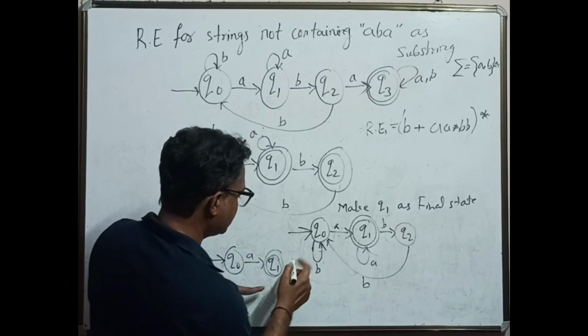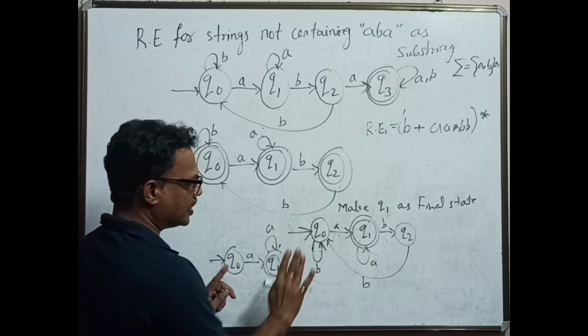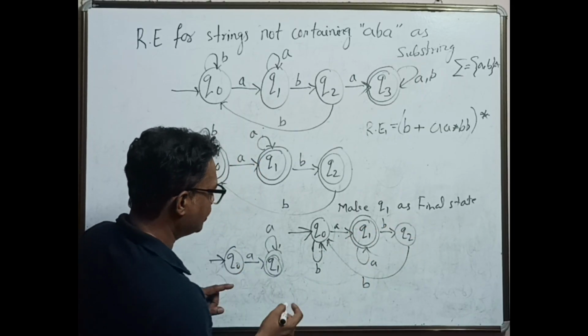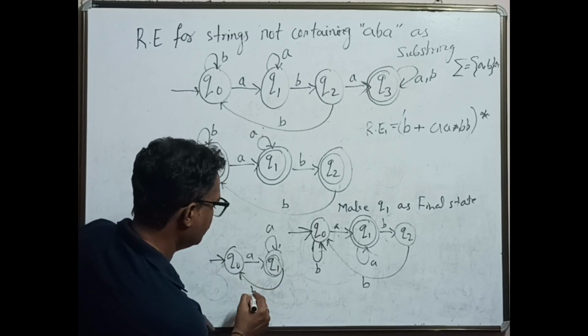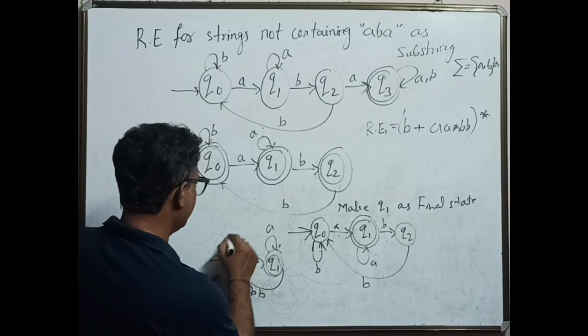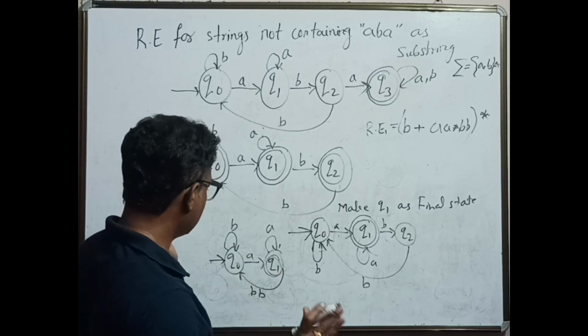Now I have removed this. Now this A remains as it is, it was there earlier. Since I removed this, this whole setup will be B, B. And this B will be there, A will be there, and the rest all things are fine.